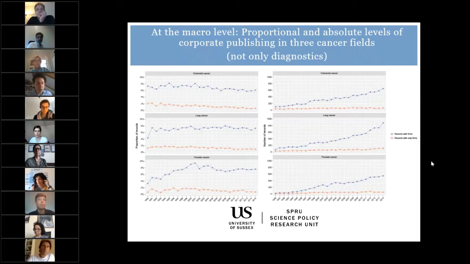The blue line shows that there was a strong growth in roughly the first half of the period that we cover, more collaborative publications with industry. The red line shows actually a slow decline from about 2% to around 1%, the proportion of papers overall that involve industry authors only.